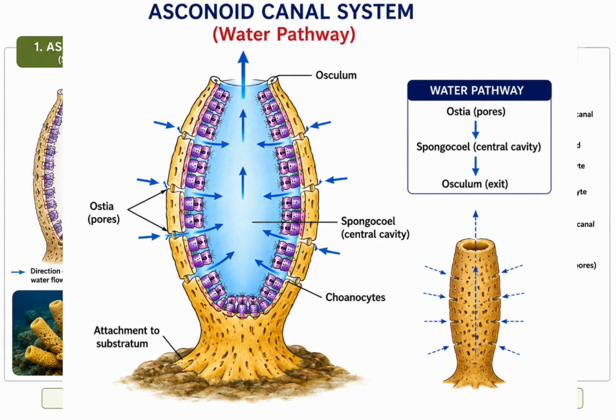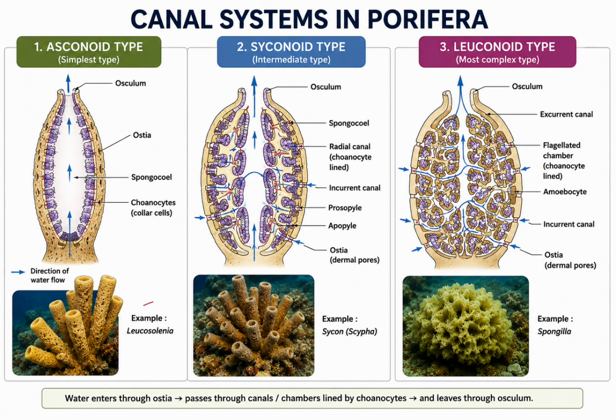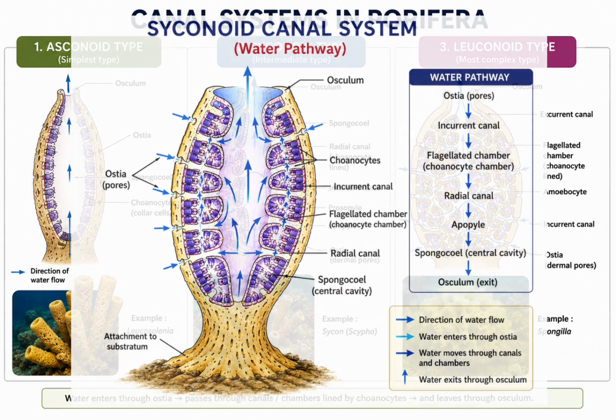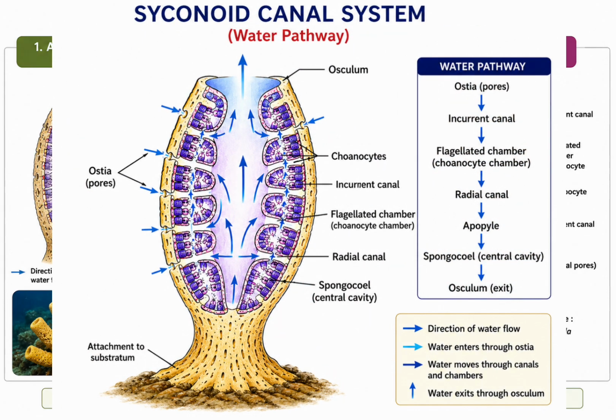So it is the simplest type of water current pathway where water passes from ostia to the spongocoel, which is lined by choanocytes, and then to the osculum. You can see the picture present over here. And the example is Leucosolenia. Then the second type of canal system is syconoid canal system. Here the body wall becomes folded.